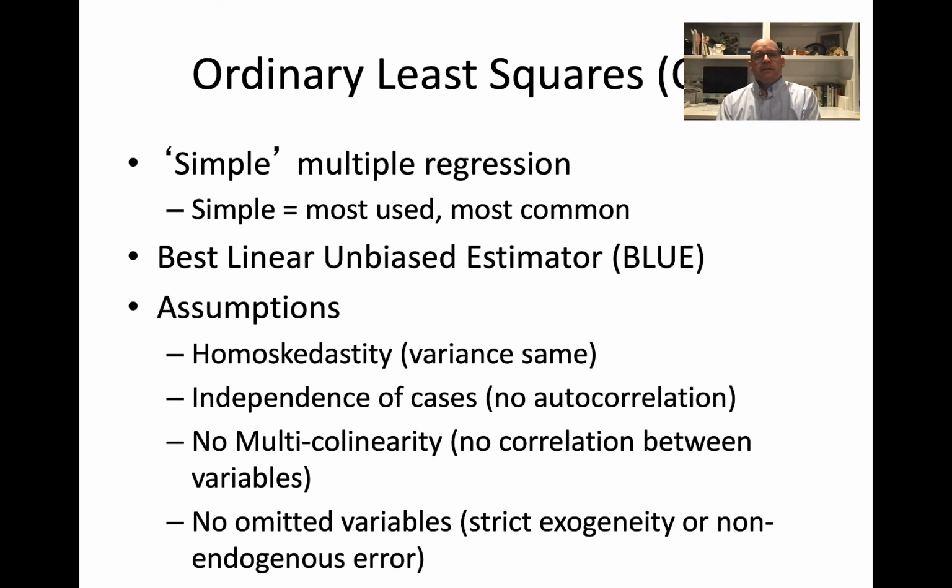Now, the most common way to do multiple regression is called ordinary least squares. It's mathematically a lot simpler than the other ones, like generalized least squares or maximum likelihood estimation. The principle behind ordinary least squares is that it's simple, and it tries to minimize the sum of squared errors.